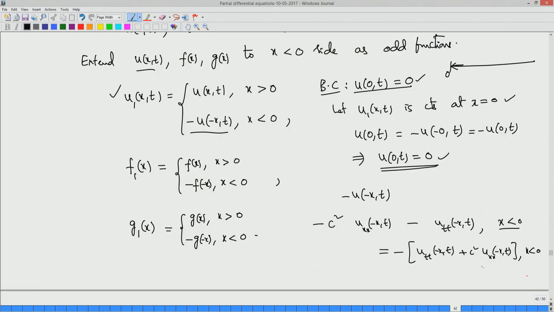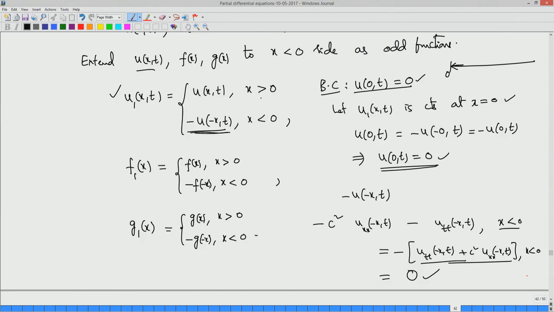This is the x negative side. So, you see that these are all well defined. This is the wave equation satisfied by u in the positive domain. Minus x is negative, that means x is positive. So, this is 0. So, this quantity for x negative is also satisfying the wave equation.